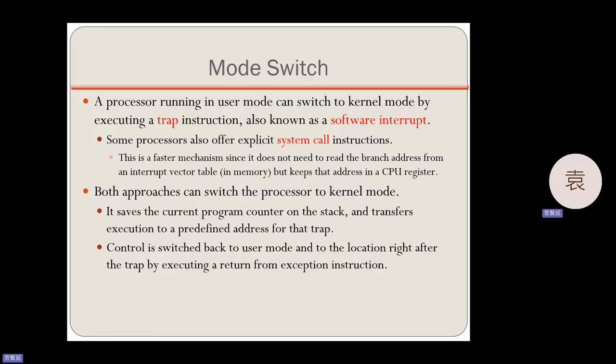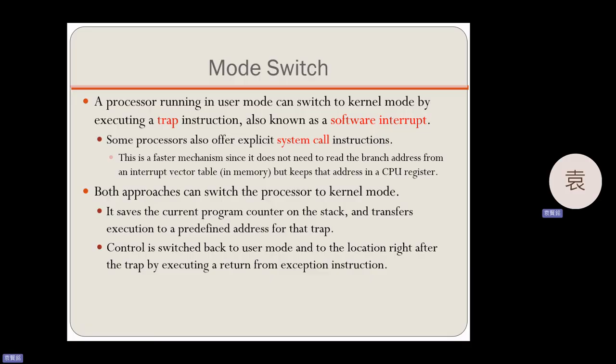After switching to kernel mode, because it is now running operating system service, some context of the user program needs to be saved. For example, the program counter needs to be saved, so after the service finishes, it can return to the right place.